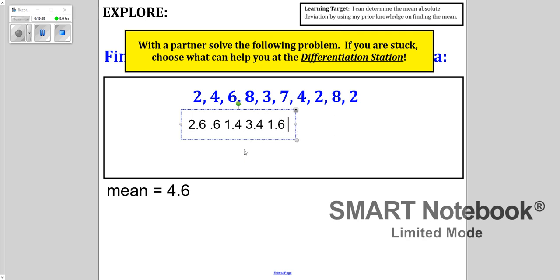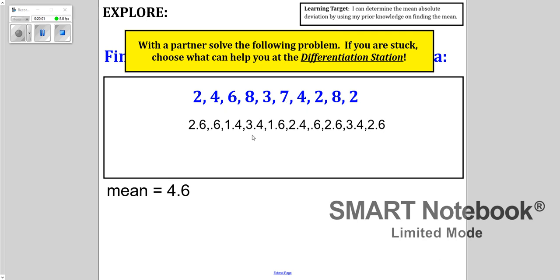Maybe I should be using commas. Hold on. That'll make it easier. And there we go. 7 is 2.4 from it. 4 is 0.6 from it. 2 is 2.6 from it. 8 is 3.4 from it. And 2 is 2.6 from it again.